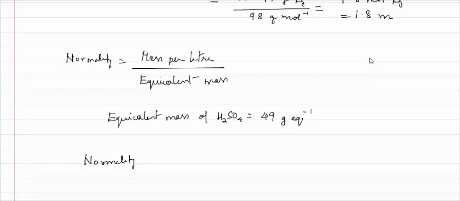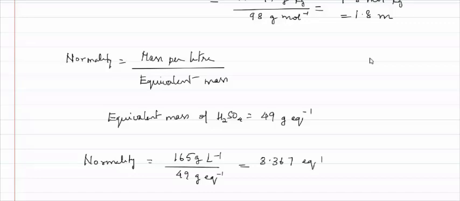So normality is equal to 165 grams per liter divided by 49 grams per equivalent, which is equal to 3.367 equivalents per liter or 3.367 capital N.